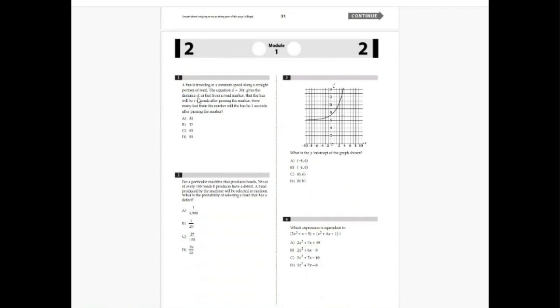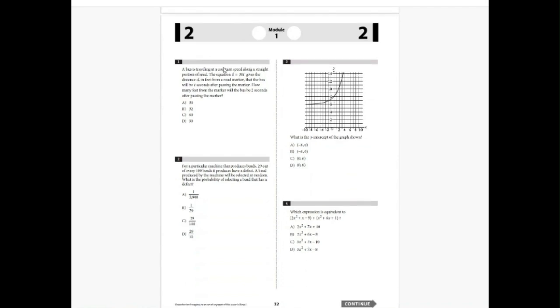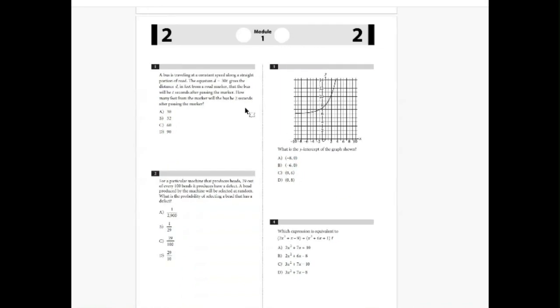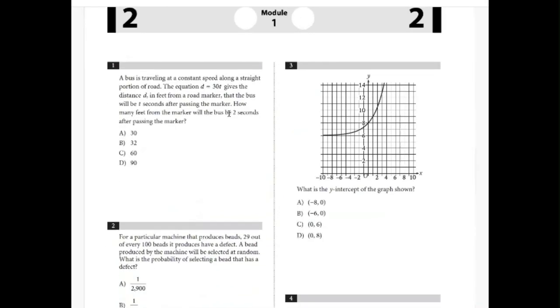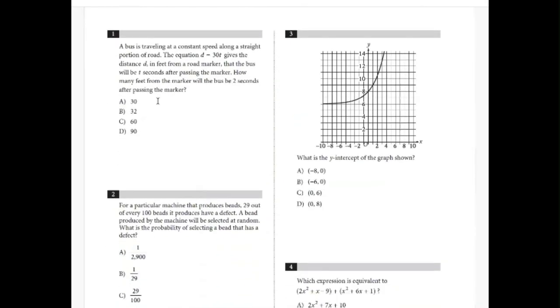Question number one. A bus is traveling at a constant speed along a straight portion of the road. The equation d equals 30t gives the distance d in feet from a road marker that the bus will be t seconds after passing the marker.